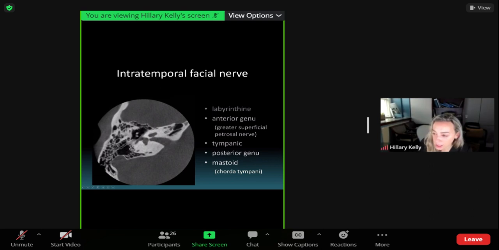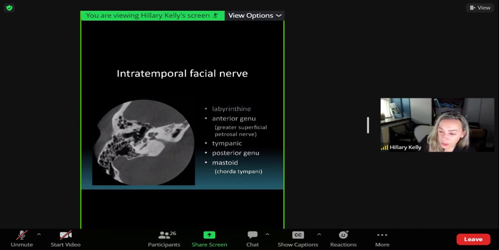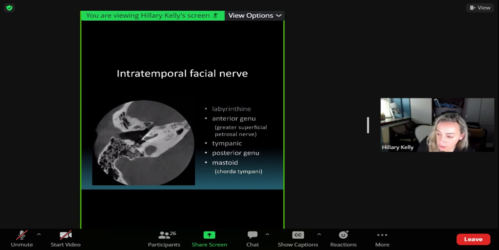The ENTs are very careful to try not to sacrifice this when they're doing surgery, because the patient can have changes in taste afterwards. What the otologists tell me is that if you have chronic inflammation in the ear and cholesteatoma, and the nerve has already been involved by chronic inflammation, and the chorda tympani is part of that cholesteatoma and gets severed, that doesn't really matter as much.